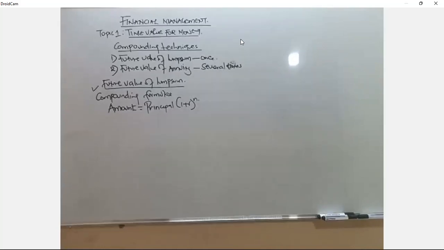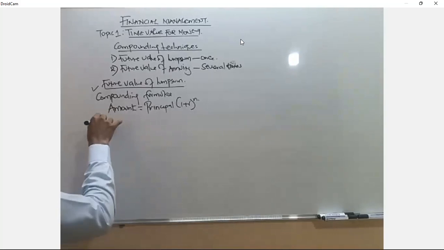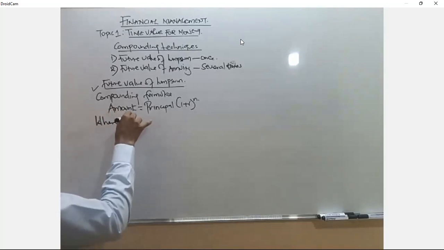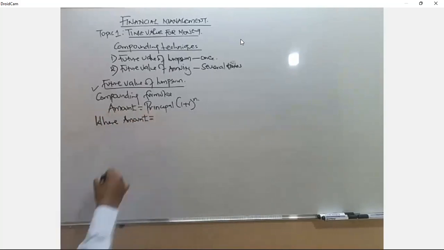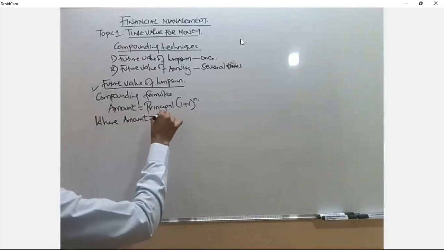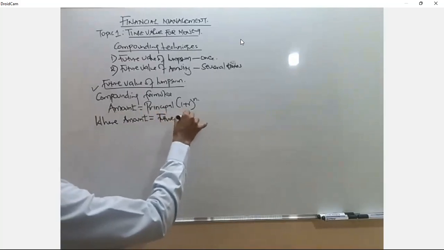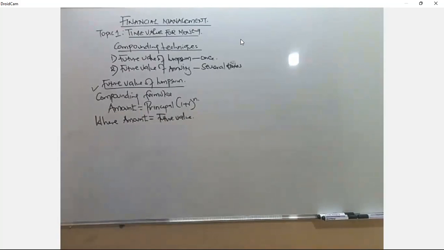So in this case, we just need to understand what is the amount, what is the principal, what is our R and N. When we are discussing about amount, right? This is the future value. These are the terms we use under financial management.